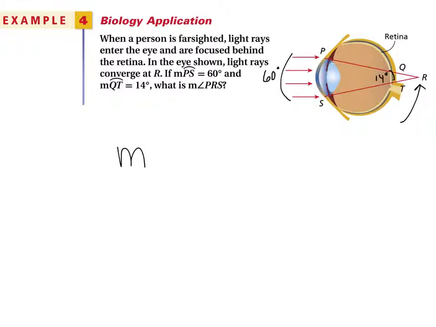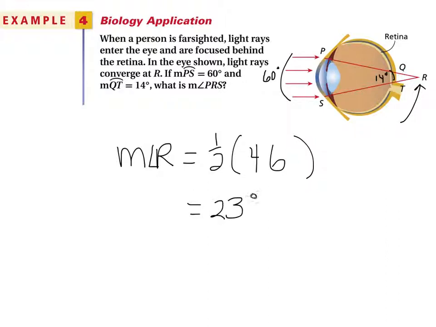Well, the measure of angle R would be 1/2 the difference. Well, 60 minus 14 is 46. So the measure of angle R would be 23 degrees.